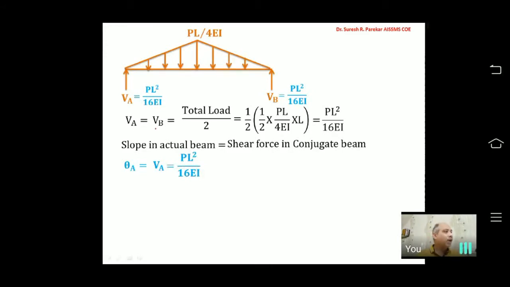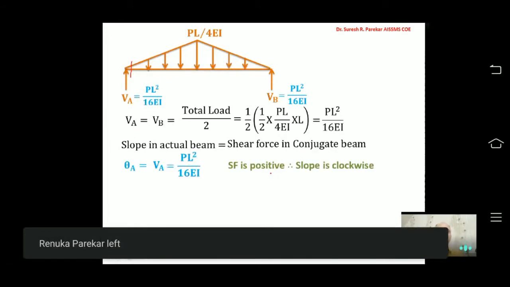This value is positive because shear force is positive; I am considering a section just right of A, sticking to the left of it, and that gives VA. Now you can see shear force is positive, therefore my slope should be clockwise. If shear force is positive, slope is clockwise. If shear force is negative, slope is anti-clockwise. If bending moment is positive, deflection is downward. If bending moment is negative, deflection is upward.